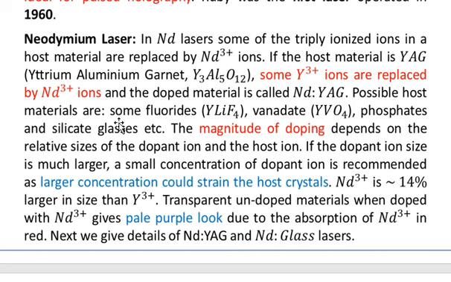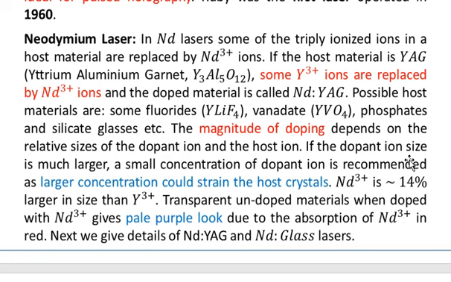Possible host materials are some fluorides, for example YLF, yttrium lithium fluoride, YLiF4, vanadate, YVO4, phosphates, and silica and silicate glasses. The magnitude of doping depends on the relative sizes of the dopant ion and the host ion.